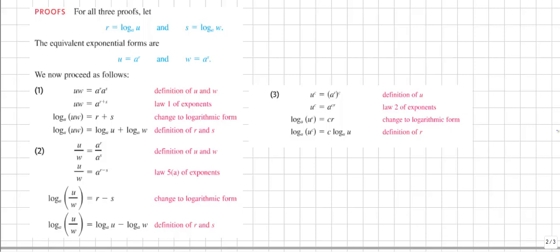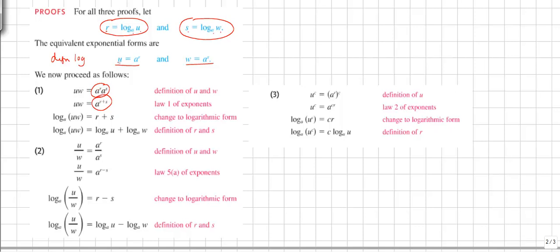So for example, if you have r equals log base a of u and s equals log base a of w, then you know from the definition of the logarithm that a to the r equals u. We have that here. And a to the s equals w. We have that here. So if you were to multiply a to the r times a to the s, you'd expect in the exponent world to add the exponents.